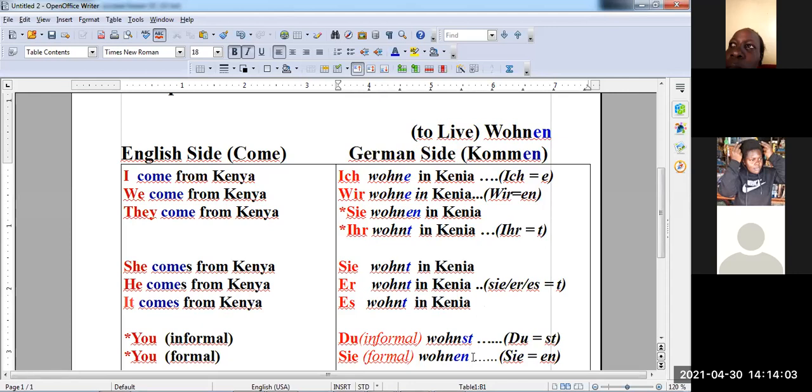Now, tell me, when you look at this structure, the verb on the right side, can somebody tell me something which is not changing in any verb we have written?